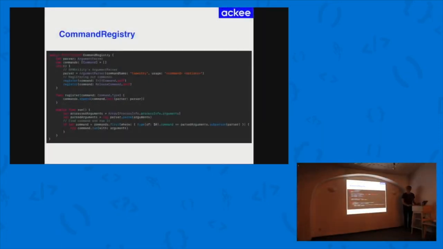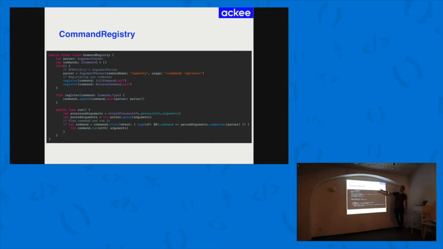So now let's see how you could create your own command. So this is a command registry. It's a simple place that you can define all of your commands in, and there are basically only two main parts: the argument parser and the commands array. Both are from the Swift Package Manager.